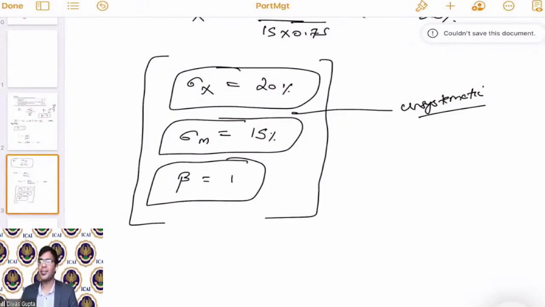If beta is equal to 1, it means that the systematic risk is as good as the market risk. But apart from that, there is an unsystematic risk also sitting in the model. So Naveen, you are right. This is the unsystematic risk only. So the security carries that unsystematic risk, but the market does not carry the unsystematic risk.